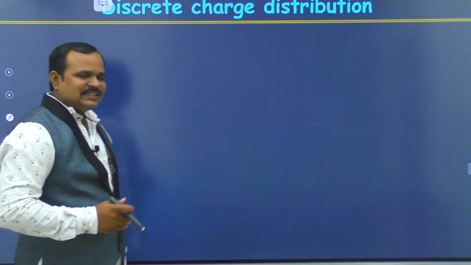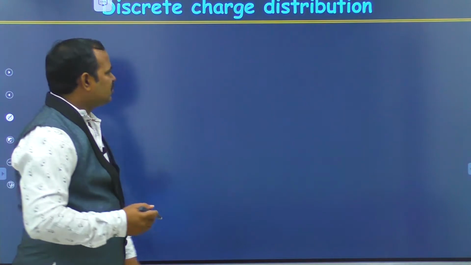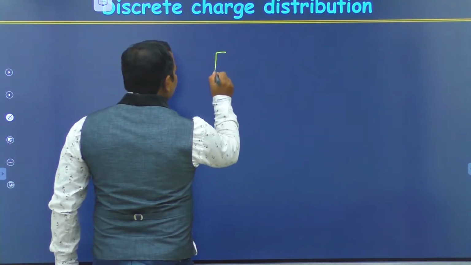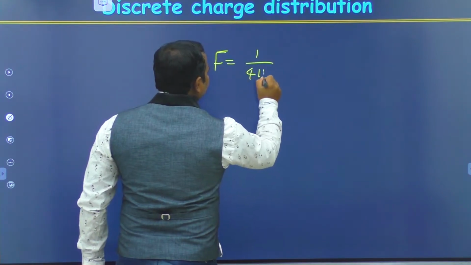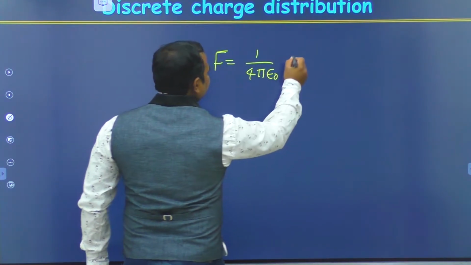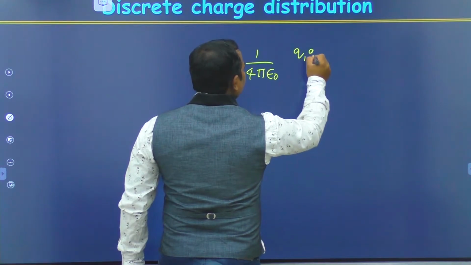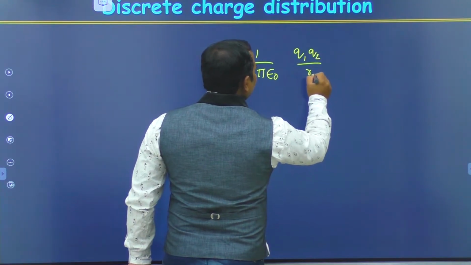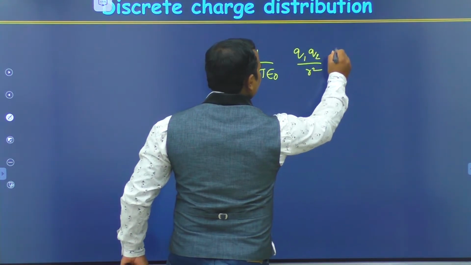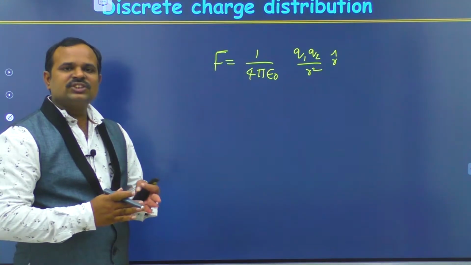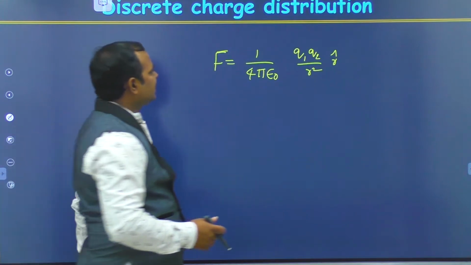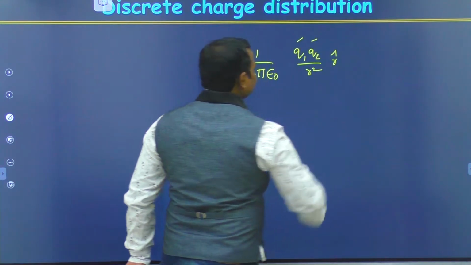So I'll just summarize Coulomb's law for a discrete charge distribution. F bar is equal to 1 by 4 pi epsilon naught Q1 Q2 by R square R cap. This is Coulomb's force of attraction or repulsion between the two charges Q1 and Q2.